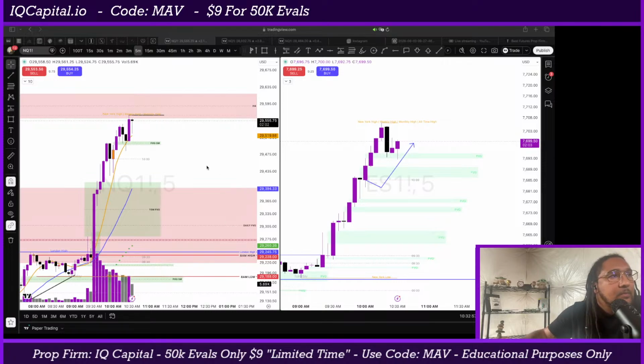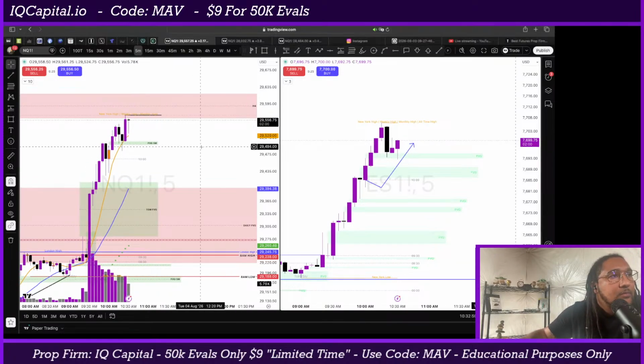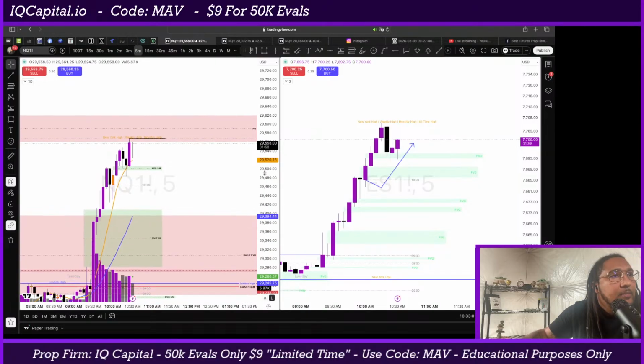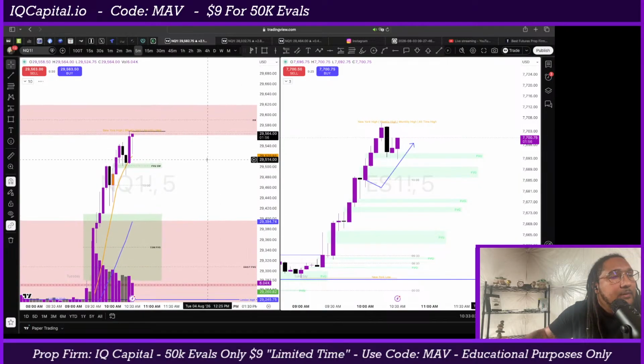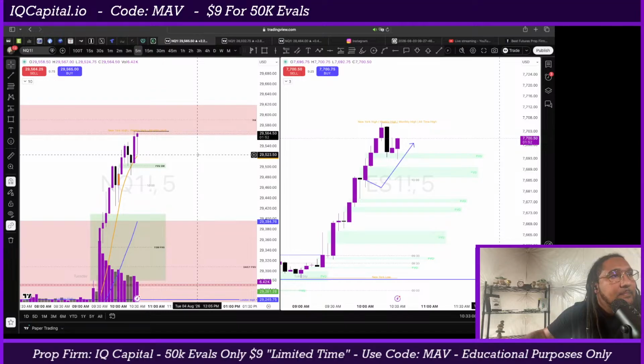It looks like price wants to retest these highs here. We may manipulate just a little bit higher before heading down. So on MNQ, we broke those highs.